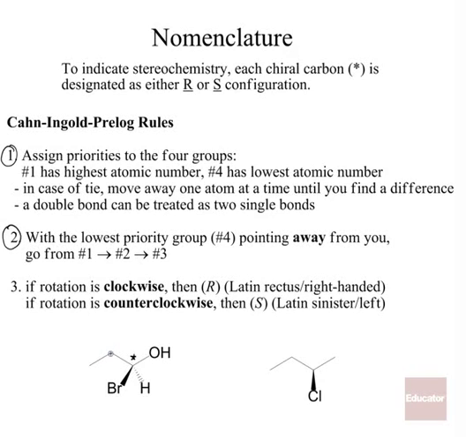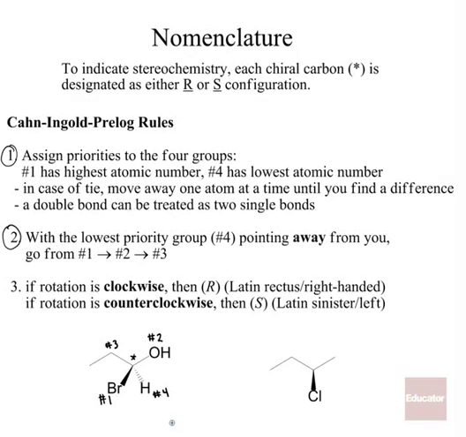We have a carbon, oxygen, hydrogen, bromine. Our highest priority group is the bromine, number 1. Next is oxygen. We could just refer to the periodic table if we need to see who has the higher atomic number. Hydrogen is always going to be 4, and so that means this carbon is number 3. So we rank our groups 1, 2, 3, 4.